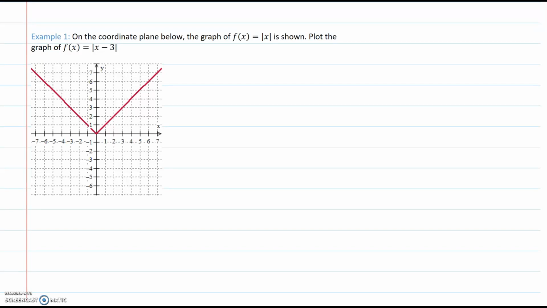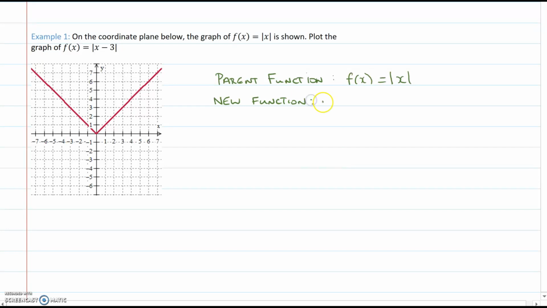Now, if this is the parent function, f of x equals the absolute value of x, and the new function is f of x equals the absolute value of x minus 3.